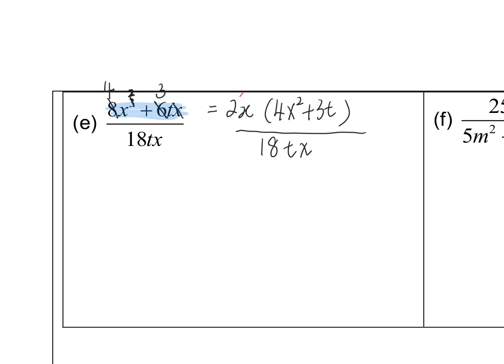So I cancel the 2, left 9. I cancel the x, no more. So in the numerator, I'm left with this and 9t. Cannot simplify anymore because there's a plus here and they are not in a group. So unless I can cancel the whole thing, if not I cannot touch it anymore.